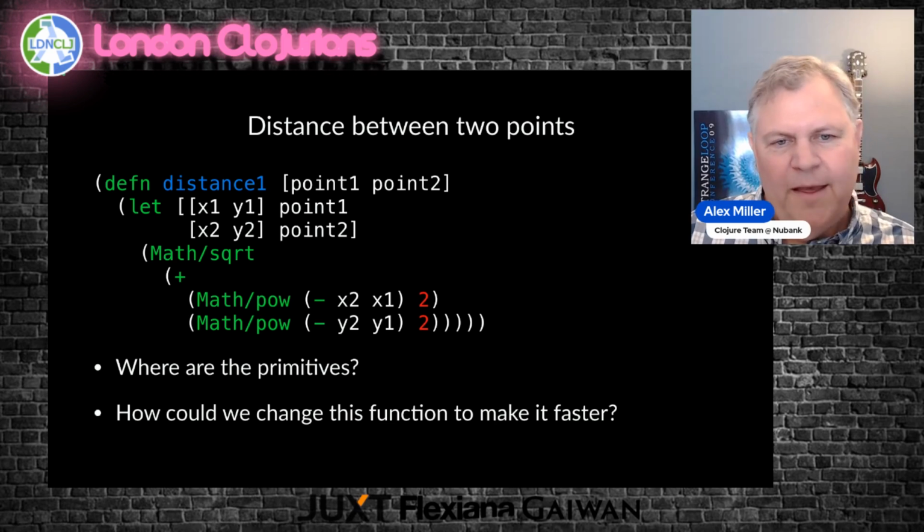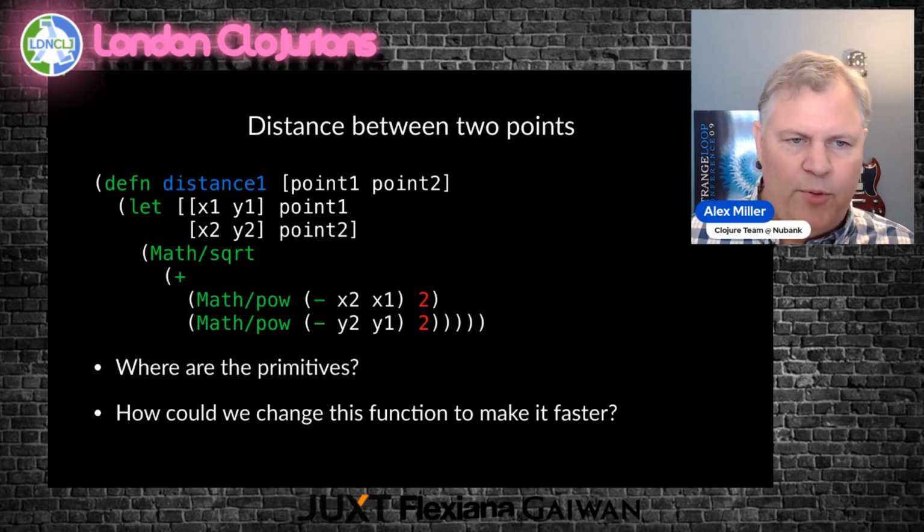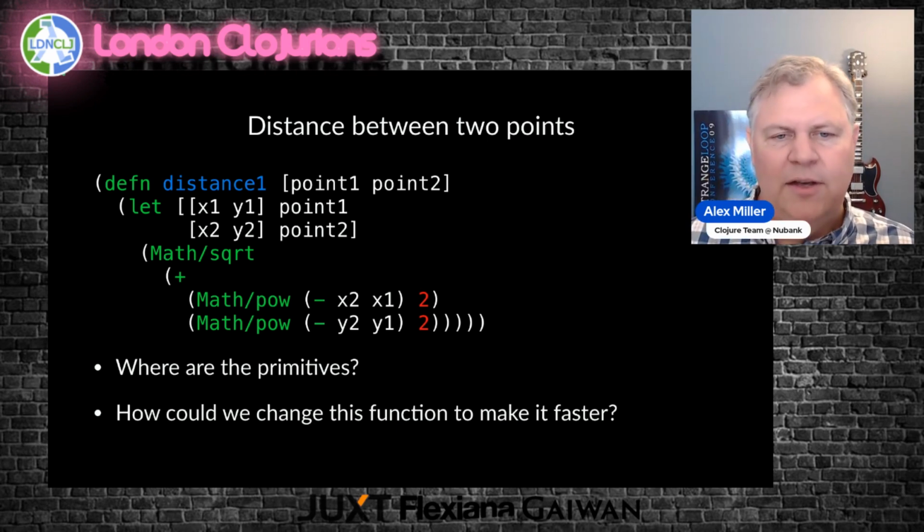And so this is a function you might see of finding the distance between 2 points. When I look at this, I see no type hints. So I'm going to immediately assume that everything here is probably mostly using boxed math. You're also not getting primitives on the inputs or outputs because the points are packed into vectors here, or some kind of indexed sequential data structure, presumably vectors, and then being destructured.